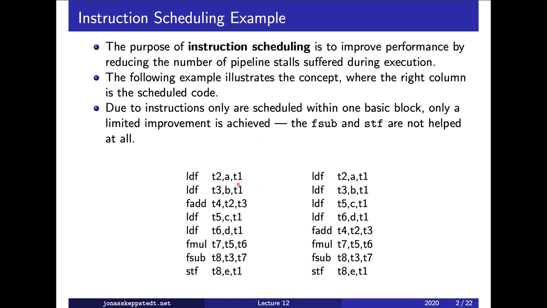If we have this left sequence, where we start with loading two floating point registers from memory. These are symbolic registers, I mean, they are not real, because the code sequences are before register allocation. But if we execute this, there is a dependence like this.